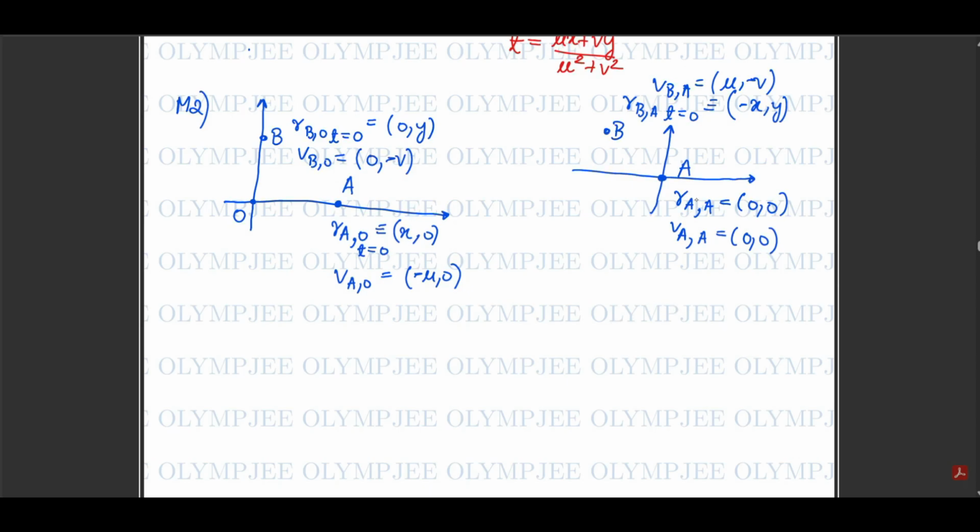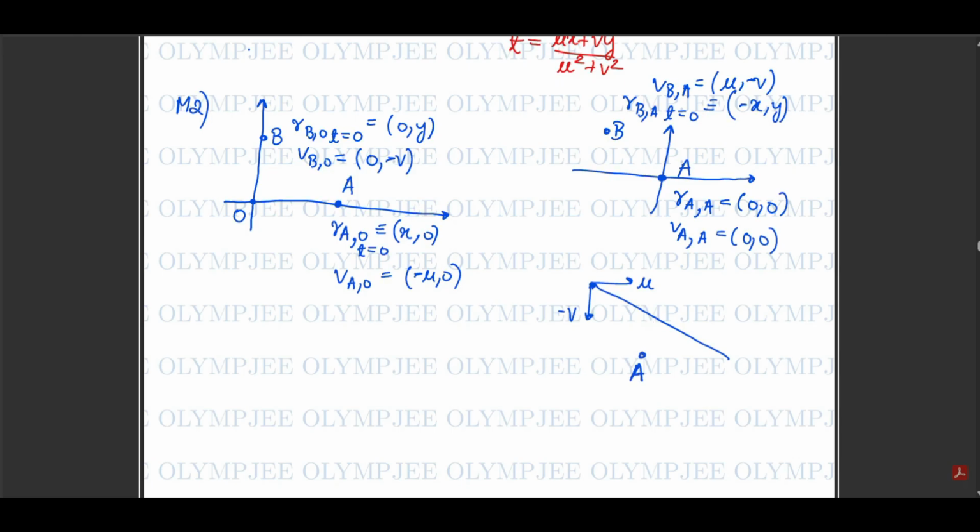Okay. So what does R_BA mean? B is moving with u velocity and minus v velocity. So it is moving like this.